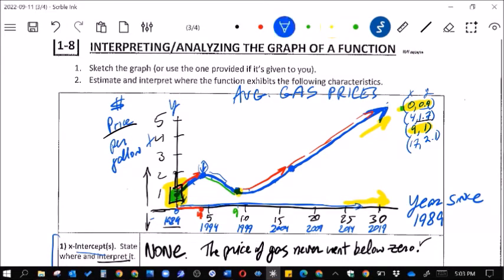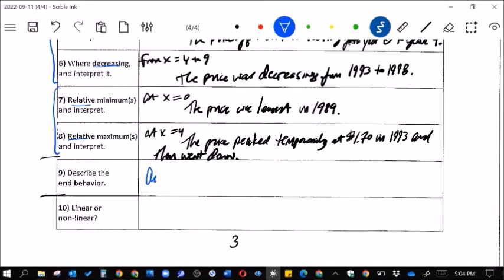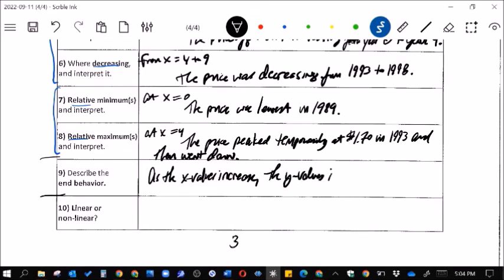Well, it looks like as the x's are going this way, which means as they are increasing in number, the y values, what's happening here is as this goes up, the y values are going up also. So the way we'd say that is as the x values increase, the y values increase.